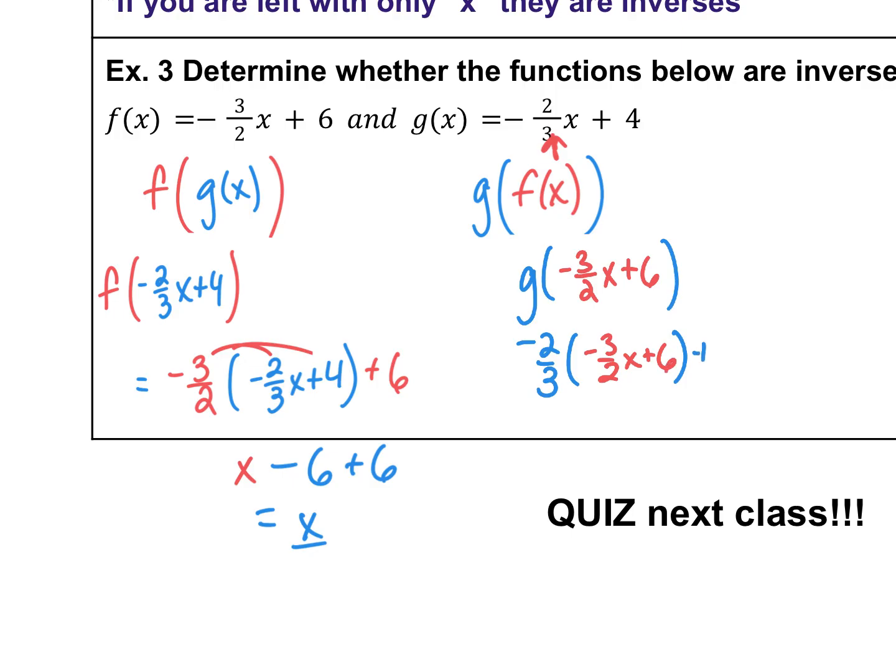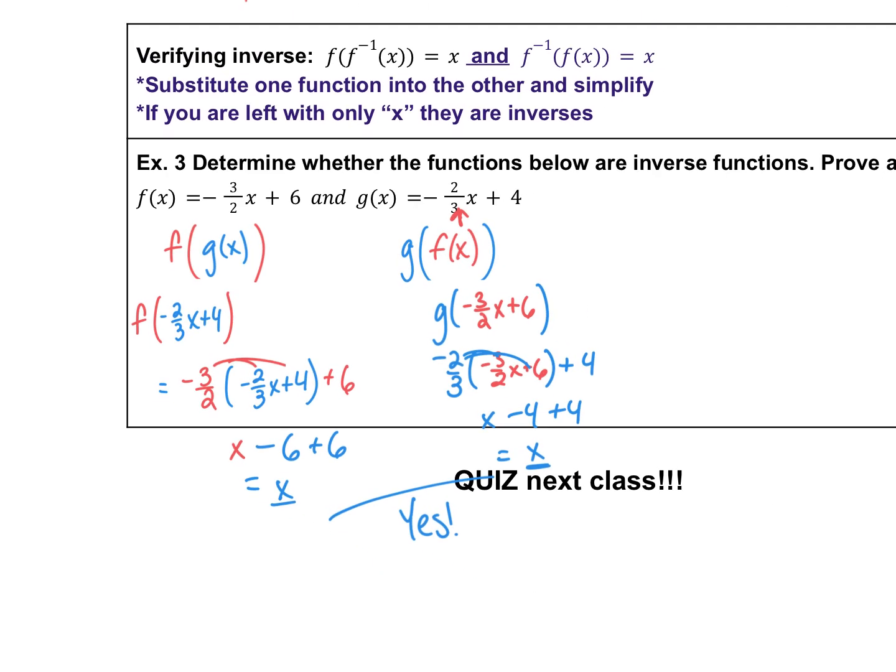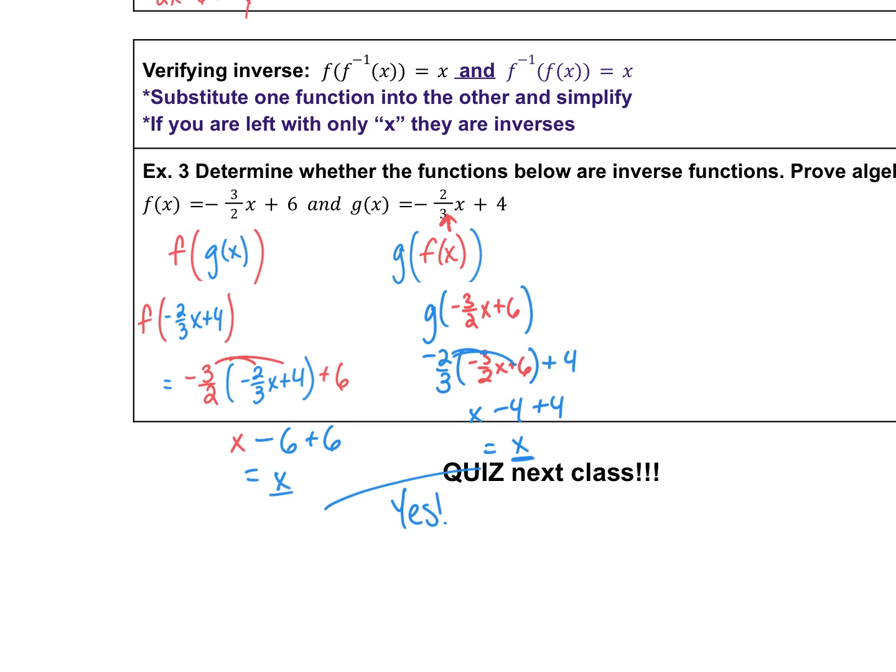And leave everything else about g the same. And same exact thing here. I'm simplifying. This simplifies to a 1x. This simplifies to negative 12 over 3, which is just negative 4. Those 4s are going to cancel out. I'm left with x, which again is what I wanted. So yes, yes, yes, these are inverses of each other. They're inverse functions. We do have a quiz next class, so make sure we are prepared.